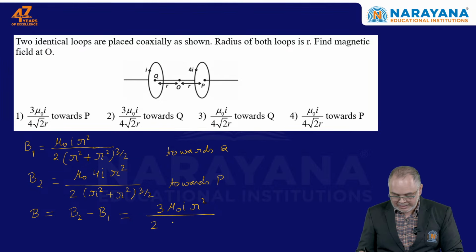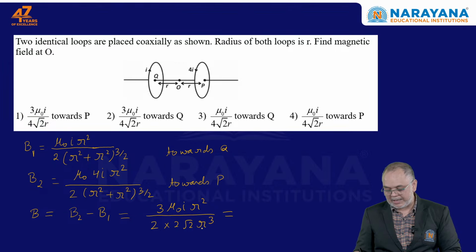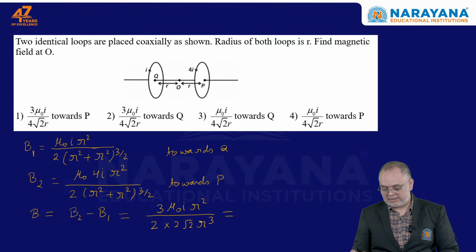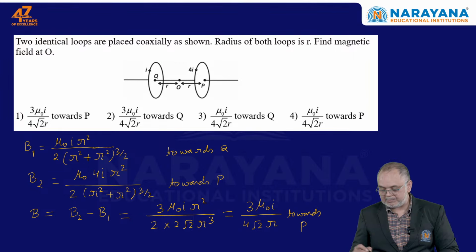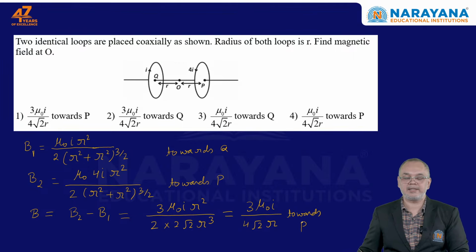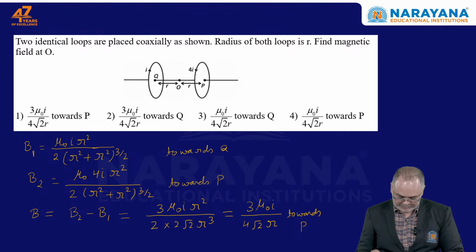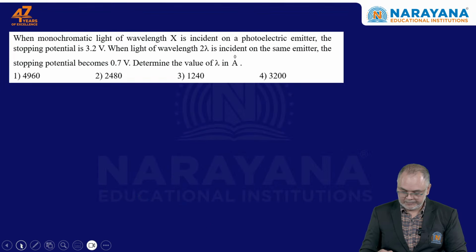So this you can write as 2 root 2 into r cube. So here r square upon r cube, r square will be cancelled. So you can write the magnetic field is 3 mu naught I by 4 root 2 r towards P. So for this, the answer is option 1.